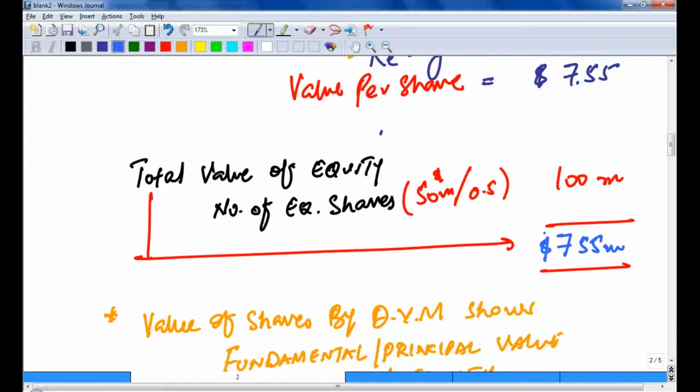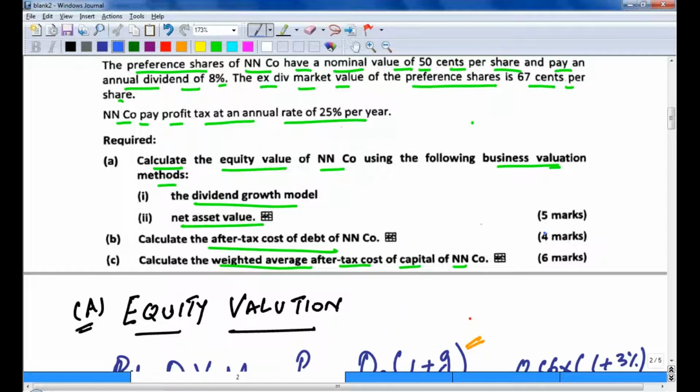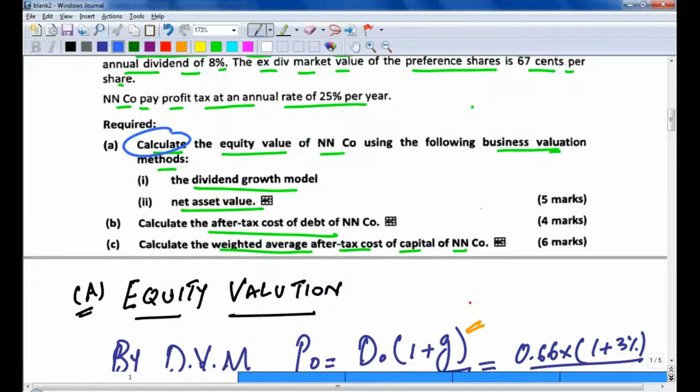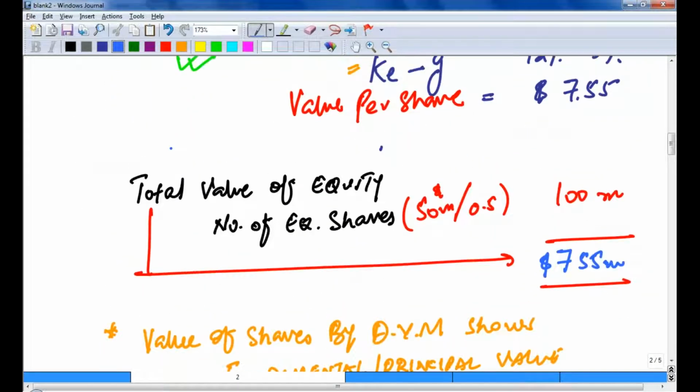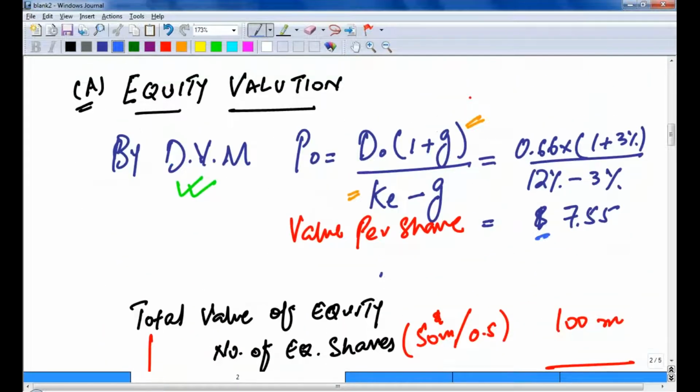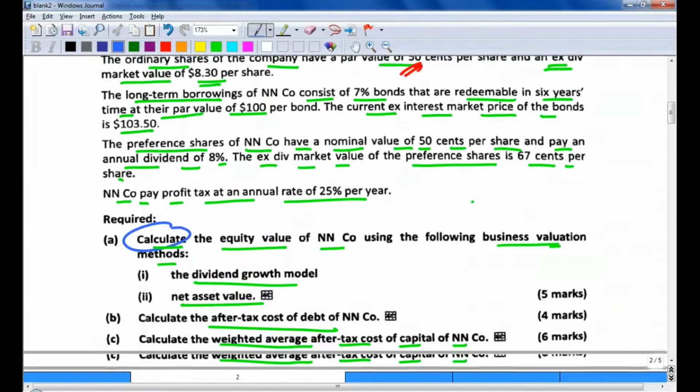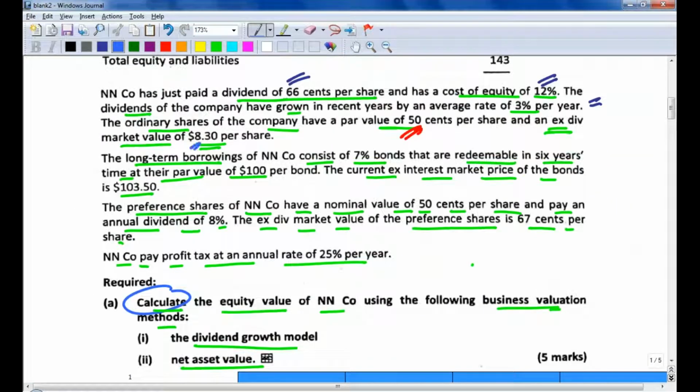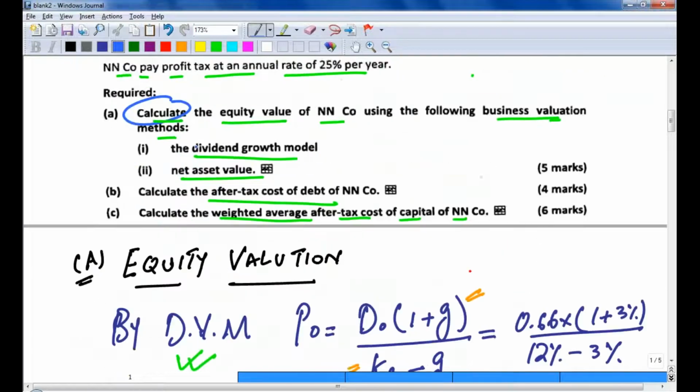That is what the examiner asked you. Only calculate, no discussion. We will discuss later why this actual share price is different as compared to 8.3, but later we will discuss.